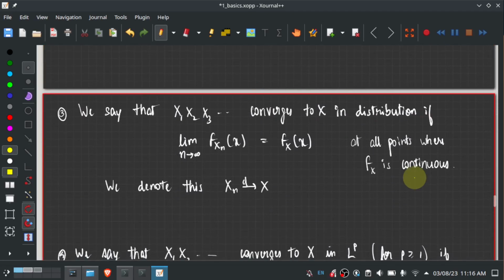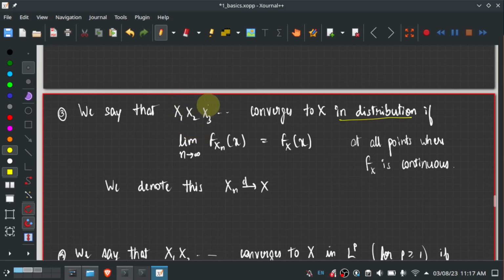Probably the most natural notion of convergence that you could think of is in terms of the distributions themselves. Each random variable Xi has a corresponding distribution. It could be the CDF, that's F_Xn for the nth random variable. And you see if this CDF converges to some other CDF or not. That's probably the most natural way you could think about convergence, and this is what is called convergence in distribution.